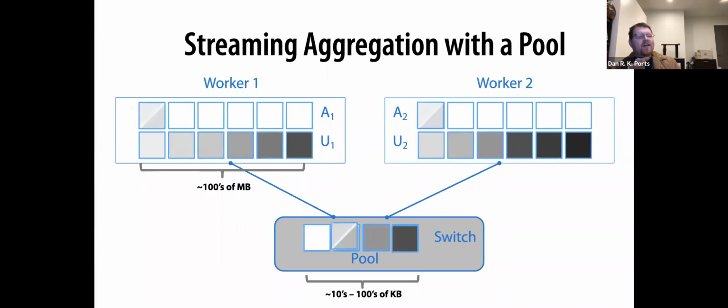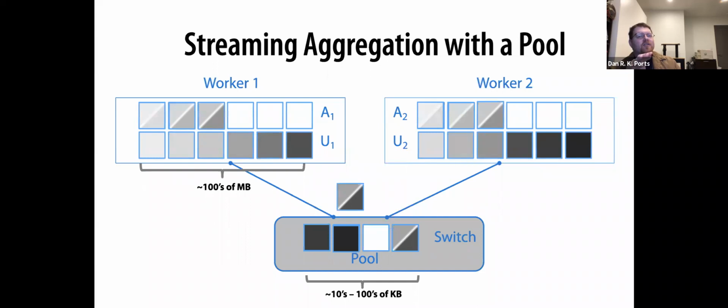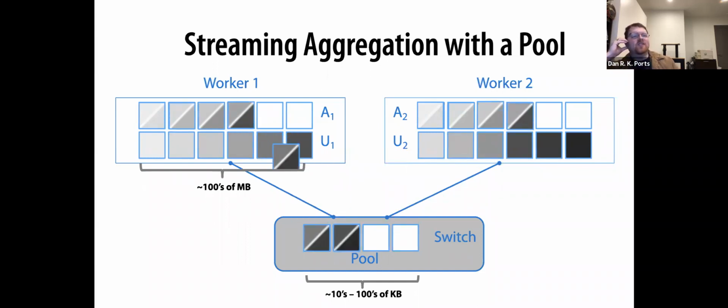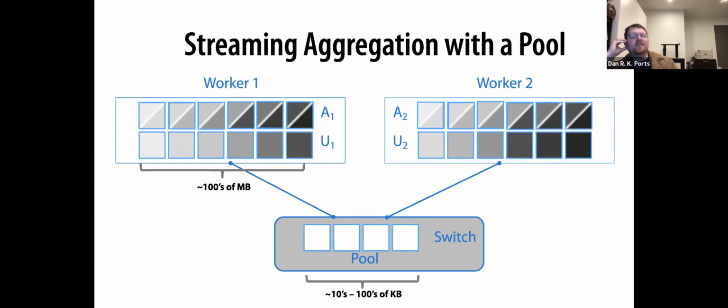And once one of the aggregators receives an update from every worker, it can then distribute the sum to all of the workers. And once it's been received by all of the workers, we can reuse that slot in the switch for the next aggregation in the model. And this is what lets us do an aggregation computation on something that doesn't fit in the switch's memory capacity.